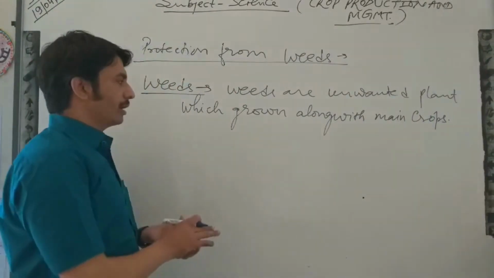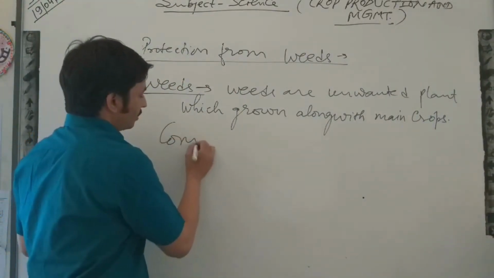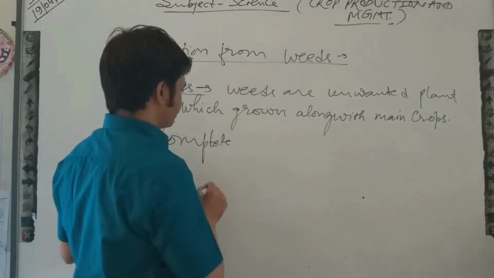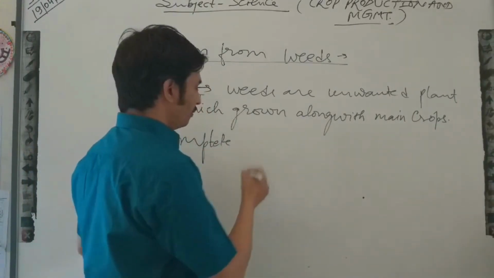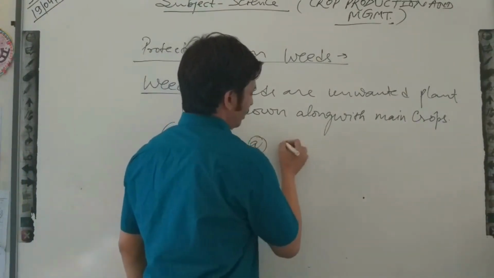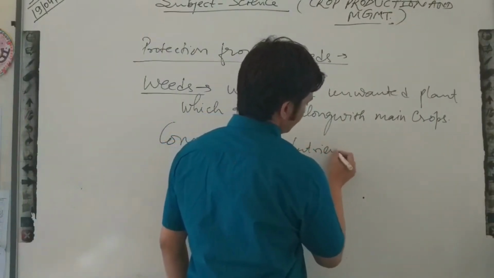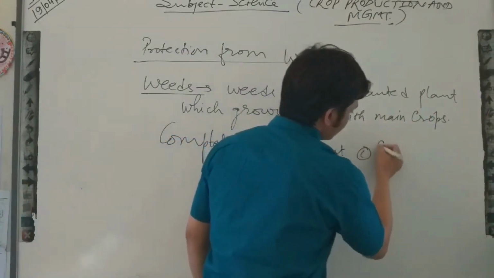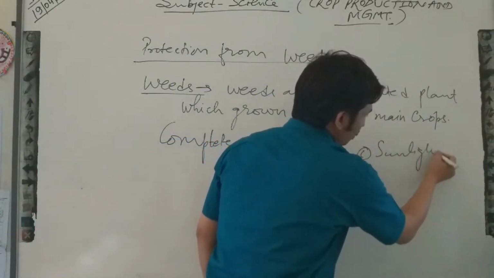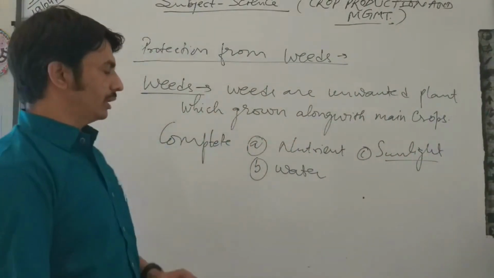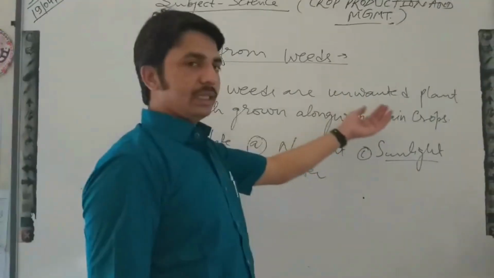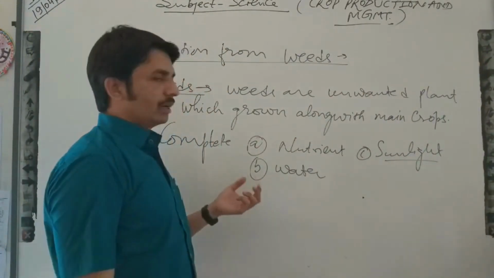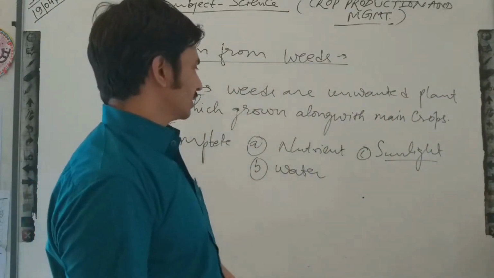These plants will compete with the main crop for nutrients, for water, for sunlight. So main plants have to fight for their survival with these unwanted plants. So the growth of the main crop will be very less, and it will also affect the production of the crop.